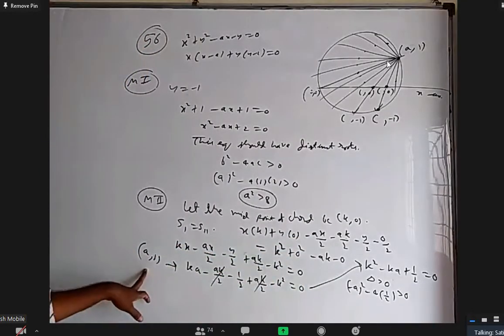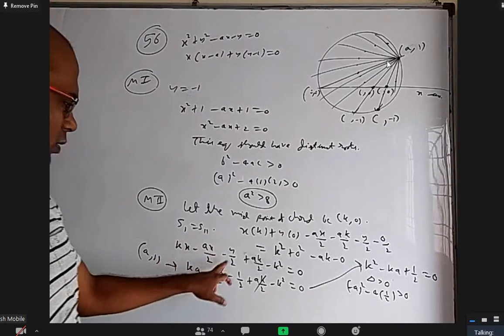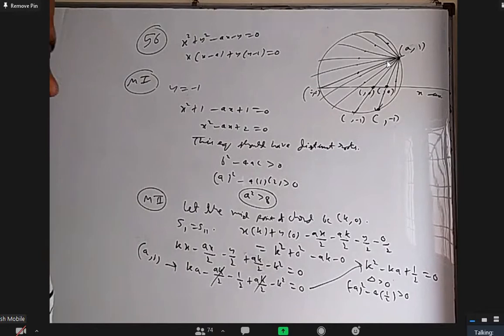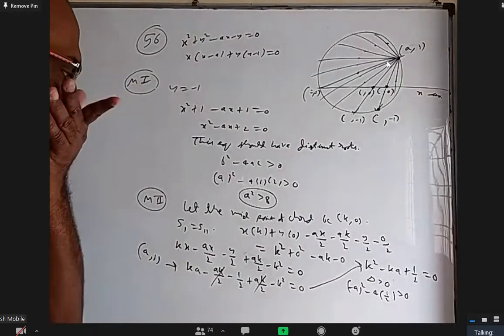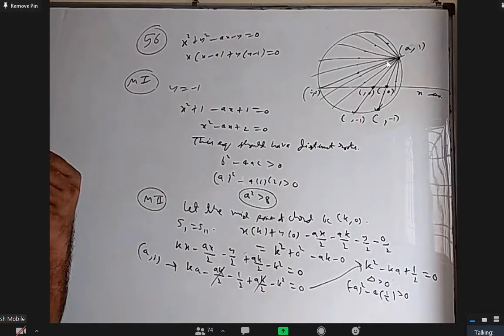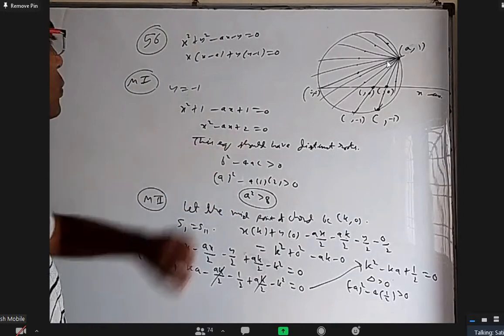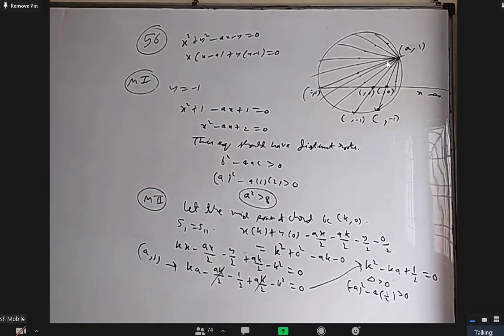Now I kept the a comma 1. But here I got 2. Here also I should get a square greater than 8. So I'm just comparing, some small mistake.